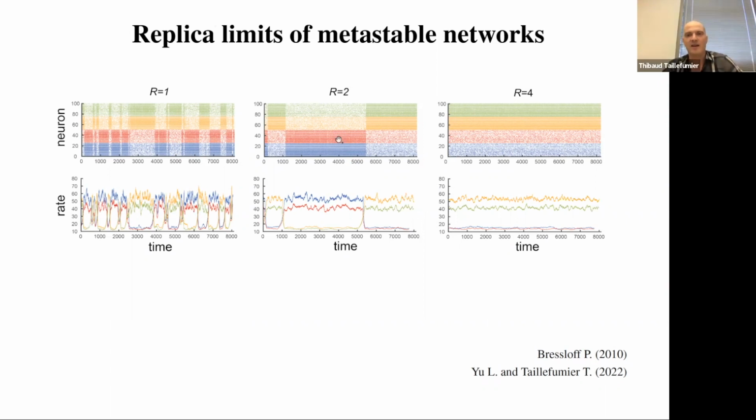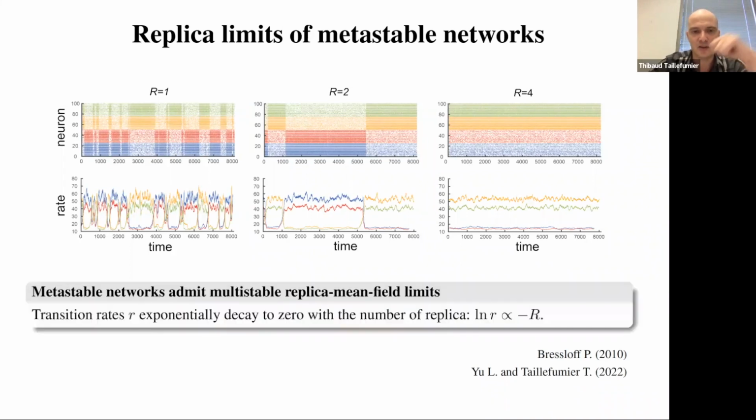Okay, and actually, what you could quantify is that this increase of the residence time with the number of replicas is very quick. It's exponential. And that's something that we should not be surprised by. It's something that's been noticed for a long time, and that's been observed in almost all mean-field limits, as far as I can tell.